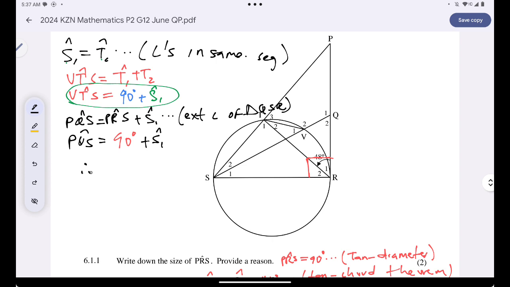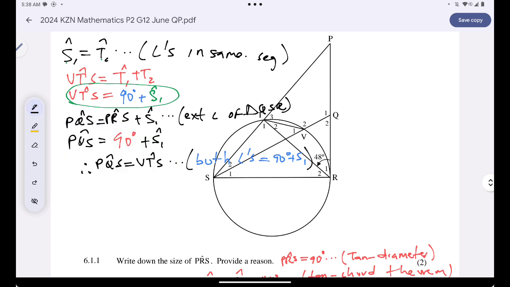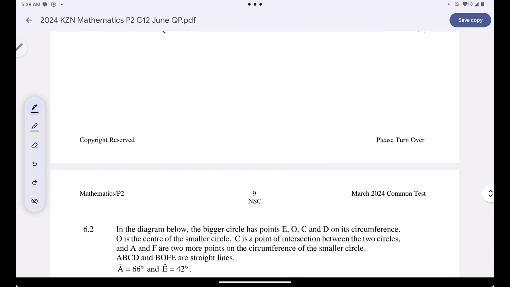This simply means that PQS is equal to VTS. The reason I can simply say is both angles are equal to 90 plus S1. We have proven that. So now we've shown that these two angles are equal. I believe there is another way, guys, to do this. You can do it on your own.